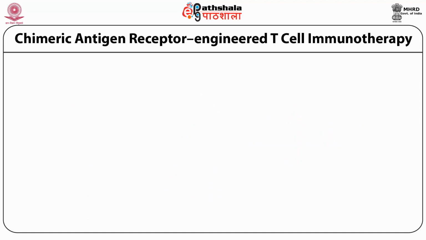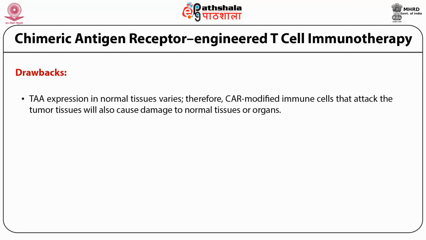However, there are drawbacks of these chimeric antigen receptor engineered T cell or the cellular therapies. What is the drawback? That tumor associated antigen expression in normal tissue varies. Therefore, CAR modified immune cells that attack the tumor tissue will also cause damage to normal tissues or organs.